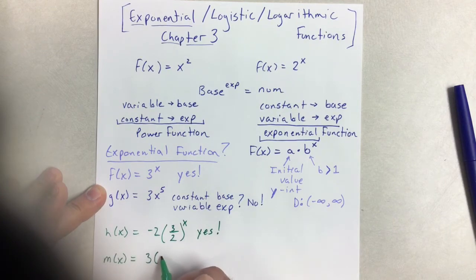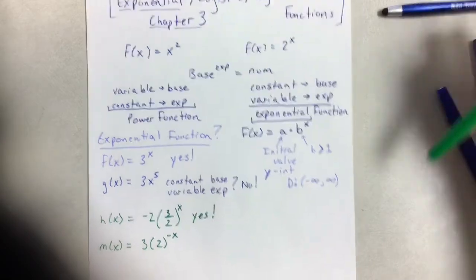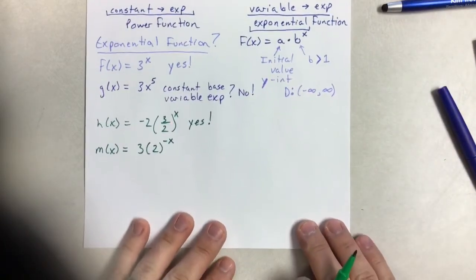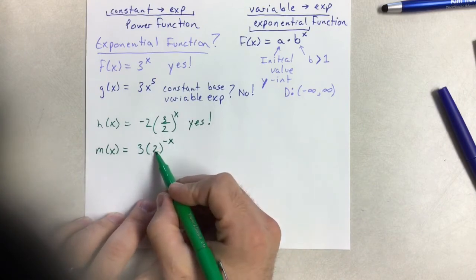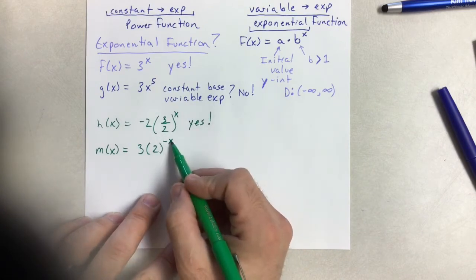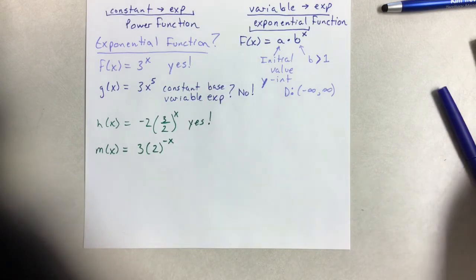3 multiplied by 2 raised to the power of -x. Okay, so thinking of this, would we classify this as exponential? We have a constant base. Yes, we have a variable exponent, but we have this negative in front, and does that change anything?